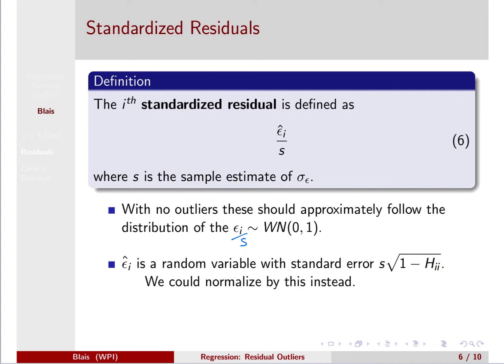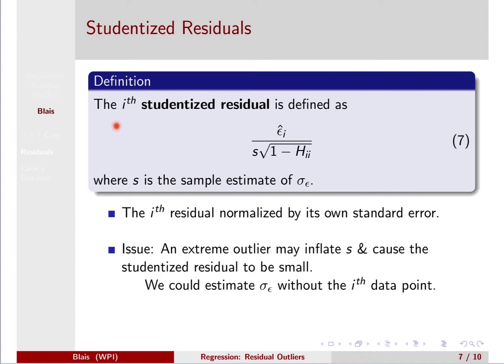Notice the difference here. For the standardized residual, s is fixed across all of the i's, so we're just scaling all of the raw residuals by 1 over s. In this case, we're looking at each individual noise term and its own standard error. And so we could normalize epsilon i hat by its own standard error, and we get the studentized residual.